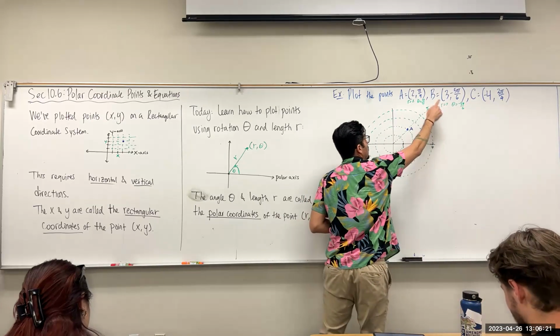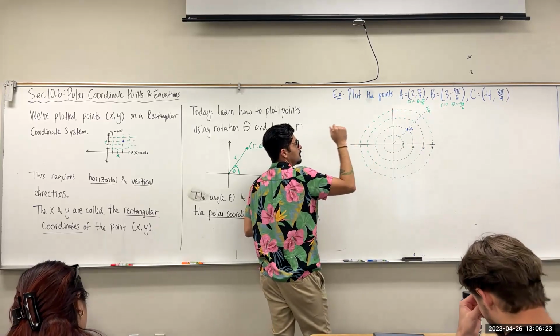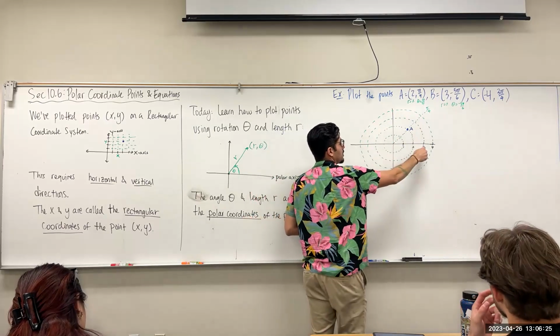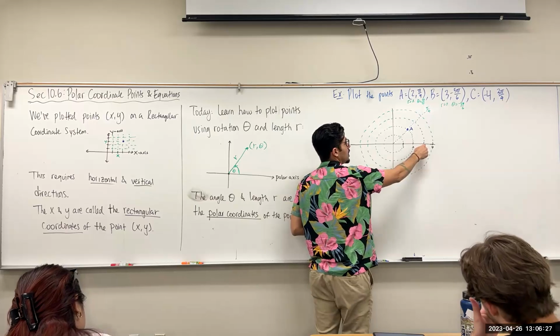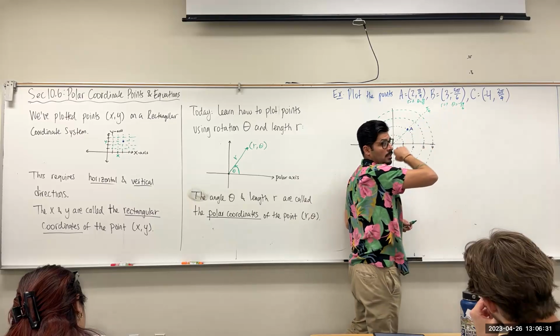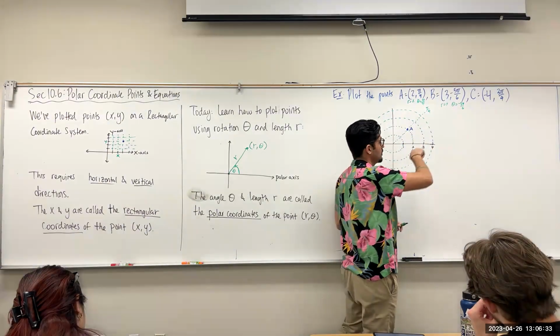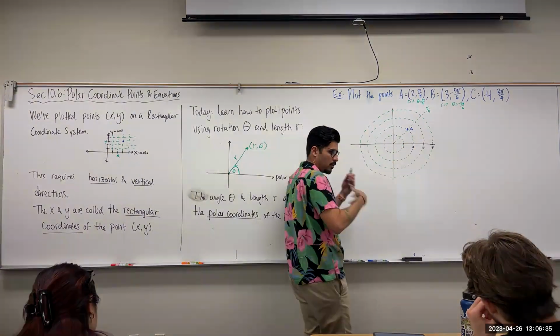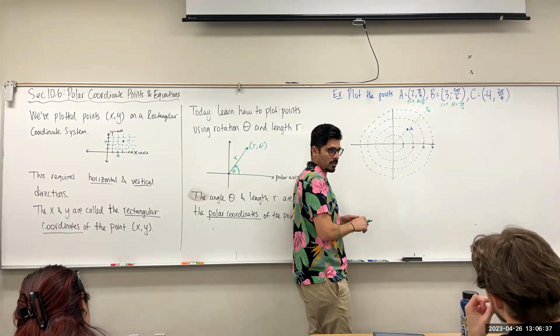So what circle does this have to lie on? Circle of radius 3, because it has to be 3 units away from the origin. But now I have to rotate by negative 5 pi over 6. So you would go this way, and then you'd have to use your knowledge of where 5 pi over 6 is located.